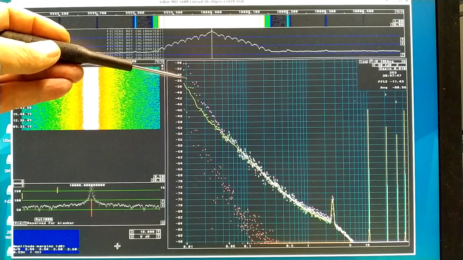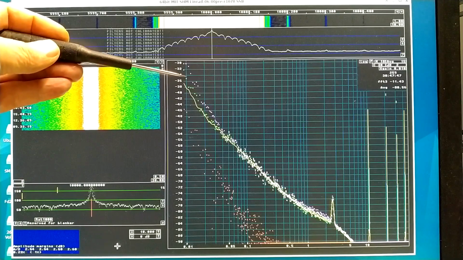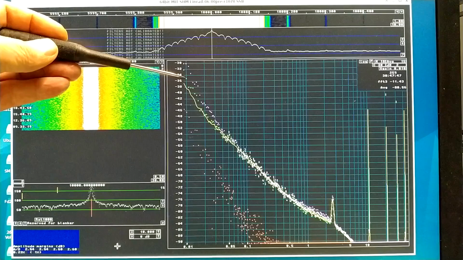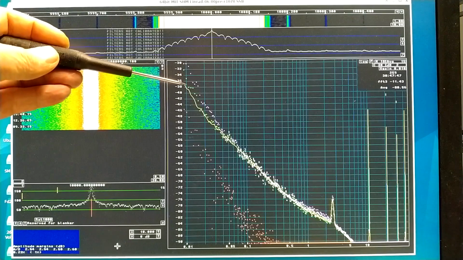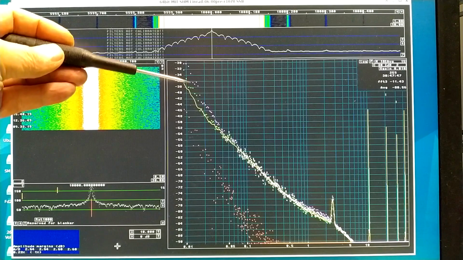Channel 1 is the one which has a short time constant, so it has the noise of the other rubidium oscillator. And it's perfectly okay. The sum of 2 rubidium oscillators is 3 decibels above a single rubidium oscillator.